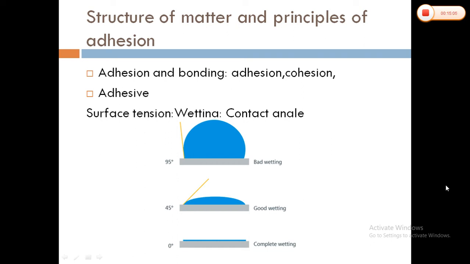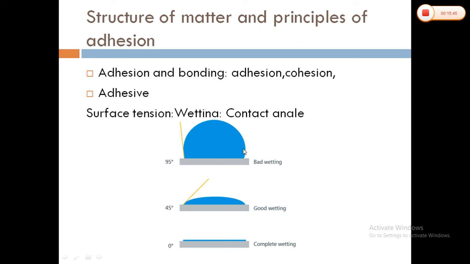Say for example, if you take a liquid and place it over a surface, if the wetting is good, the contact angle will be less, as shown in the last picture. If there is less surface tension, there will be increased wetting and a decreased contact angle. This in turn helps in complete wetting of a surface. You can see here.